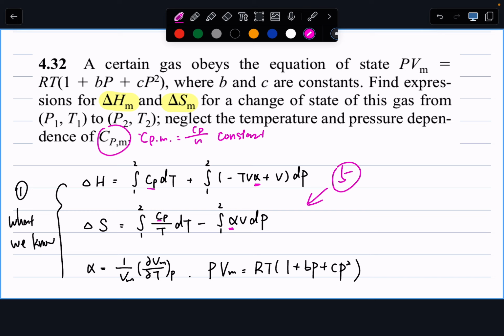And this one, again, 5 points. Same thing, this one setting up the integral correctly by putting in the right thing, that's about 5 points. And actually solving it to the end, that's another 5 points. So for these kinds of comprehensive problems, that's the logic behind how we make these questions. Okay, any questions?